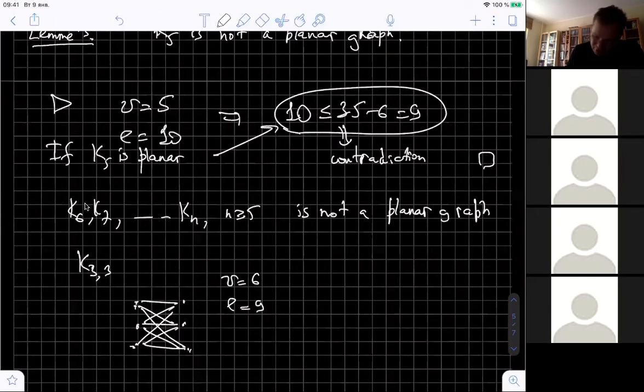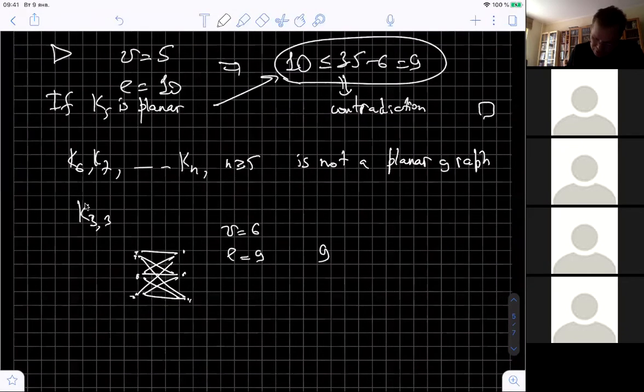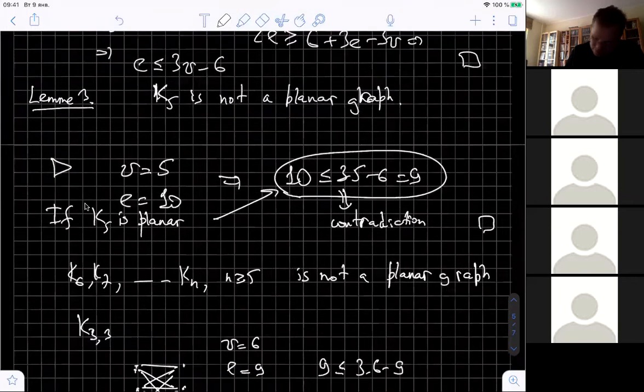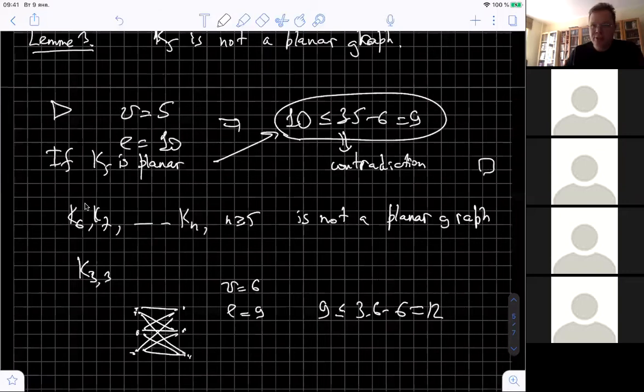But if you write this inequality, 9 is at most 3 times 6 minus 6, which is 12, this would not be a contradiction, because 9 is less than 12. So we need to use a stronger inequality, or some other inequality that holds for this graph.